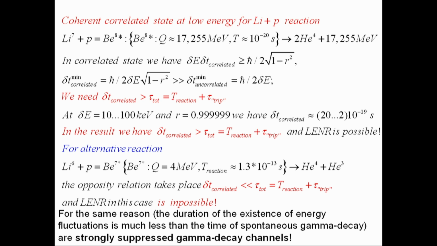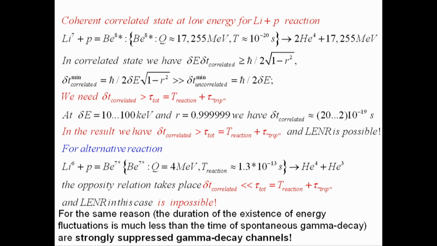It's okay: the fluctuation exists much longer than necessary for the reaction. Now let's consider the second reaction, Li-6 plus proton. It is approximately the same, but the duration of such a reaction is 7 orders of magnitude longer. So it is absolutely impossible to realize such a reaction using such a fluctuation.